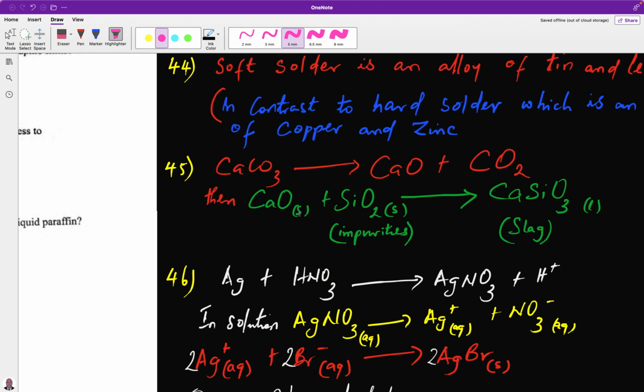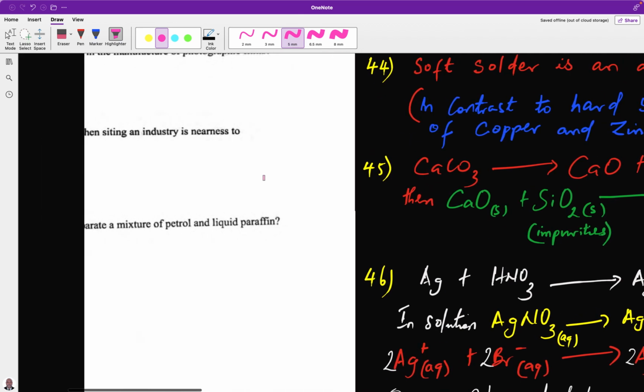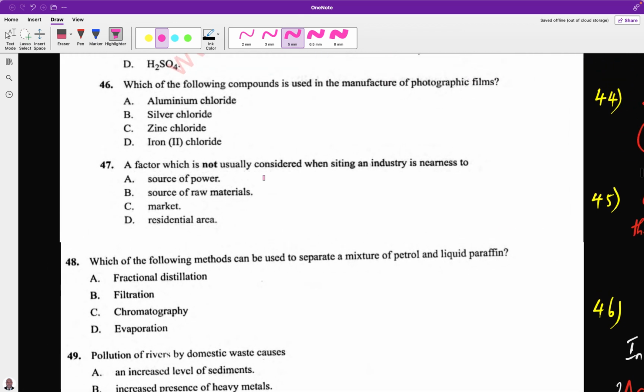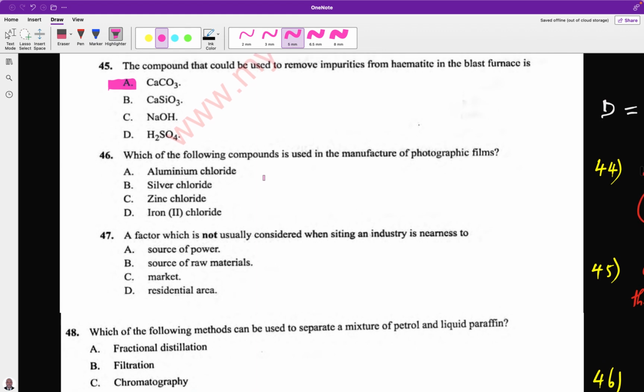This calcium oxide will now react with the silicon dioxide, which is the impurity in the ore in the blast furnace. When it reacts, calcium silicate, which is slag, will be produced. So that's why we say calcium carbonate is the right answer. Question number 45 is A.